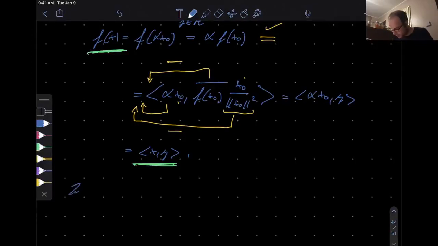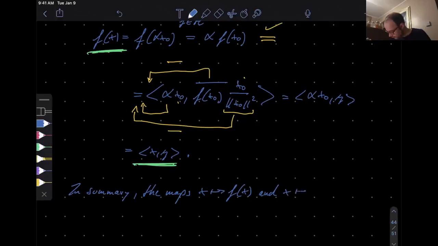In summary, of these two steps, of these two green underlined equalities, the maps x to f(x), which is just a linear functional, and this one, which sends a given vector x to the inner product of x with this constructed quantity y, are both linear.